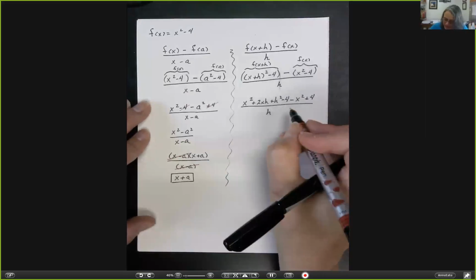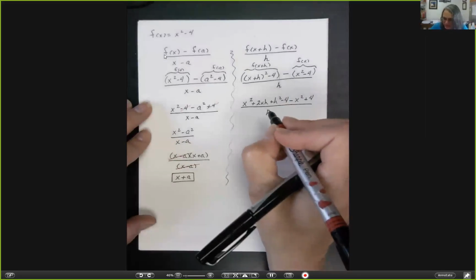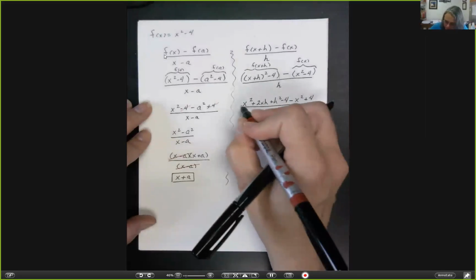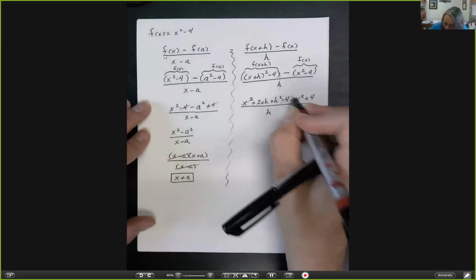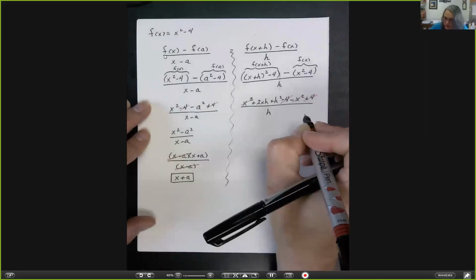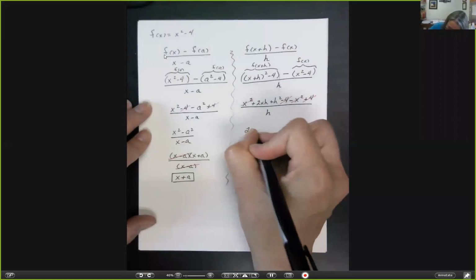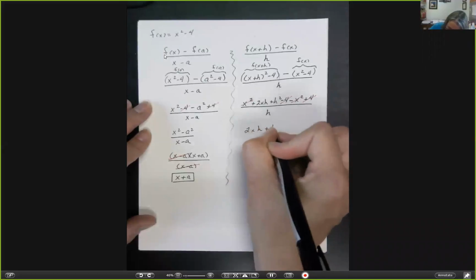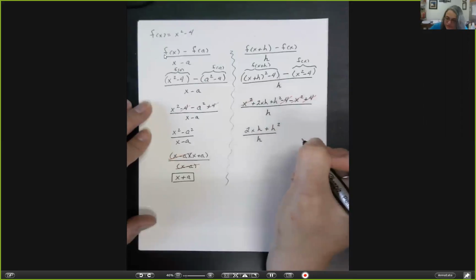Okay, now we're going to cancel out the things that'll cancel on the top. My x squareds cancel, and my minus 4 plus 4 cancels. And I'm left with 2xh plus h squared all over h.